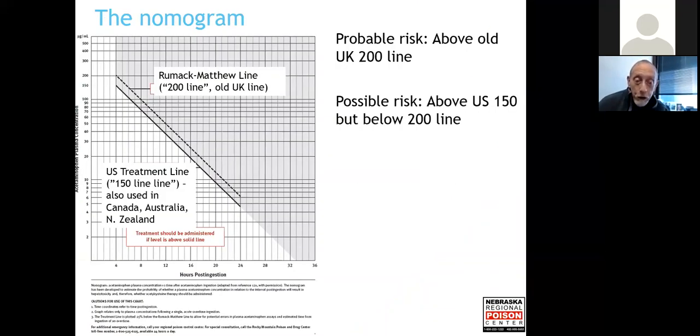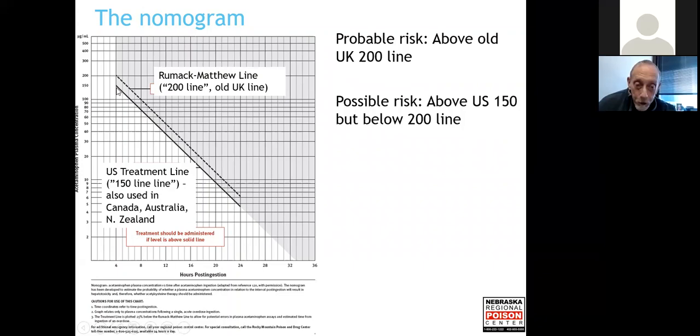You might see something that looks like this with two diagonal lines. The higher one was the original Nomogram line that started at 200 micrograms per ml at 4 hours, and then it declined gradually. That was the original one in the UK.